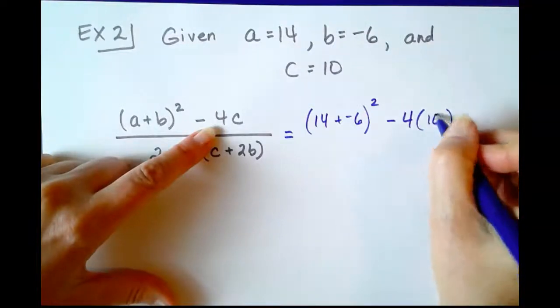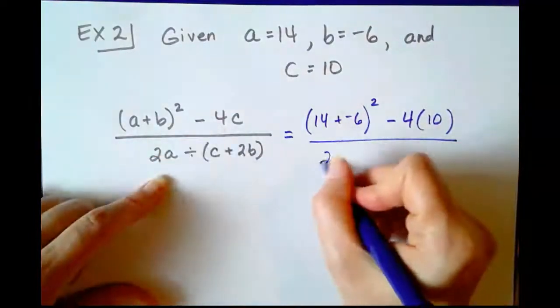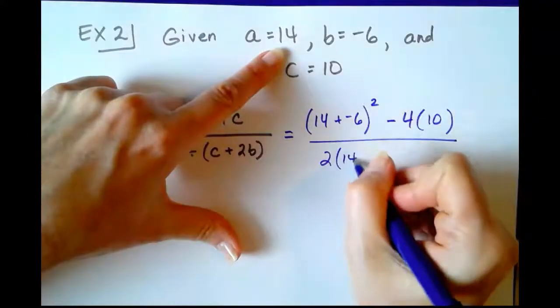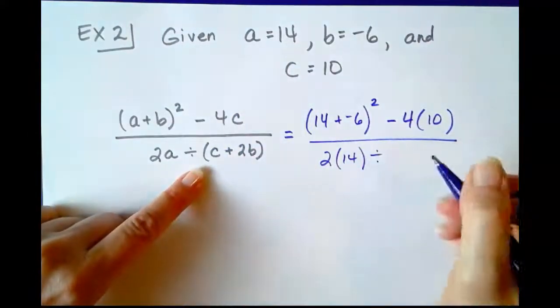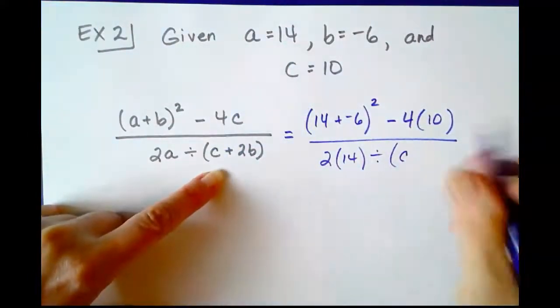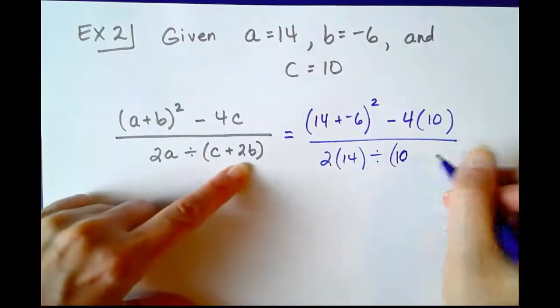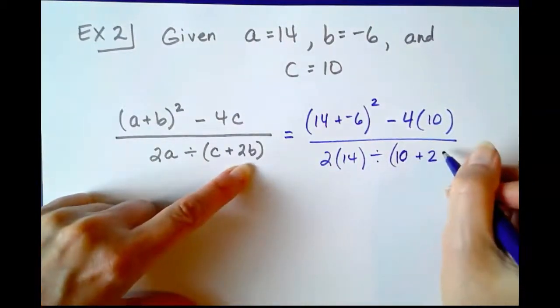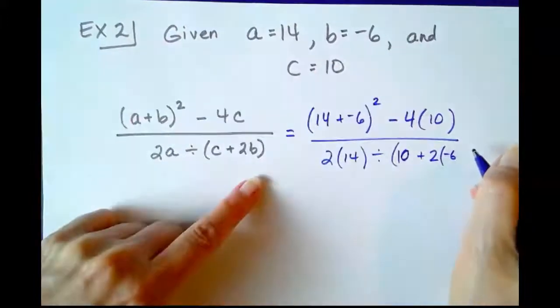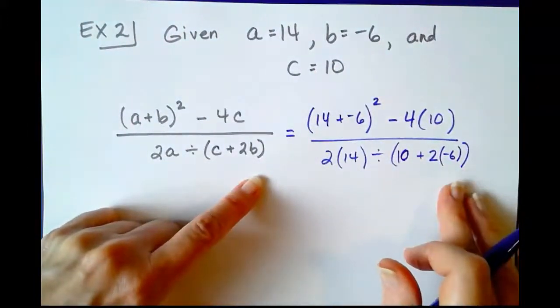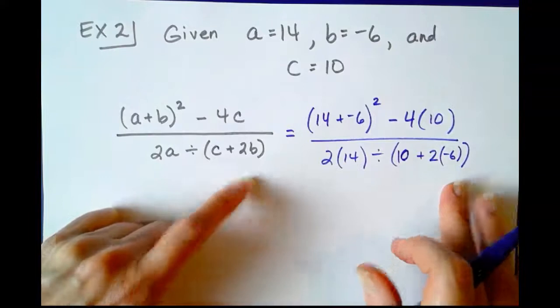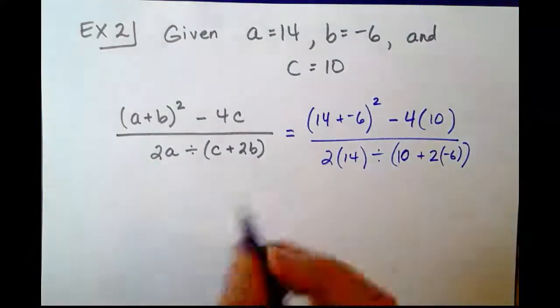So C is 10, all over 2 times A divided by C. Whoops, C is 10. Make a 10 out of that. Plus 2 times B. And yes, you can even use parentheses inside of parentheses. That's fine. Those are called nested grouping symbols.